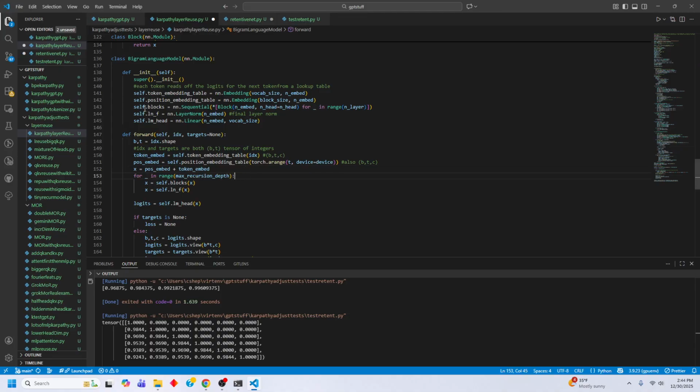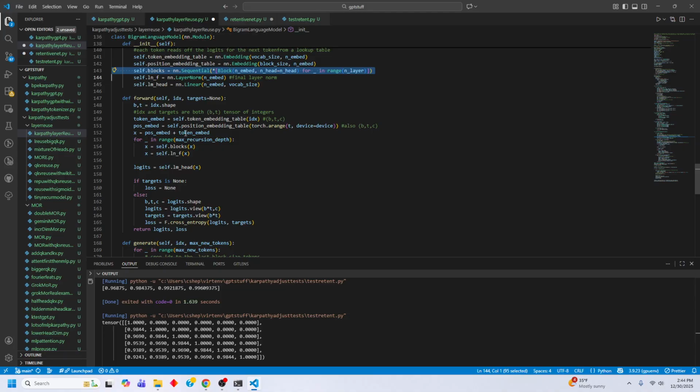All you do is create your self.blocks one time, and then you feed in the input. x is the input, and self.blocks of x would be your normal Karpathy transformer. But with this one, you feed x into the blocks, make x, apply the layer norm, and then you go right back and do it again through this for loop.